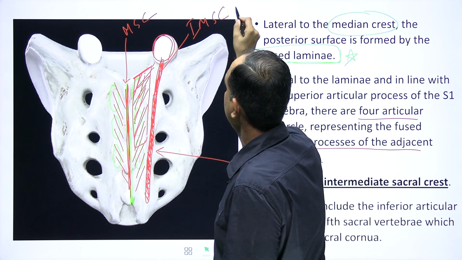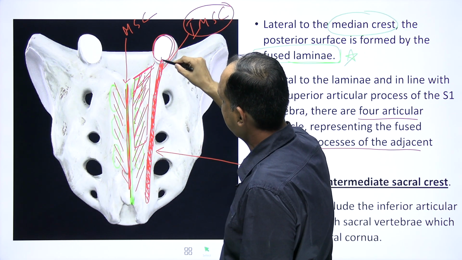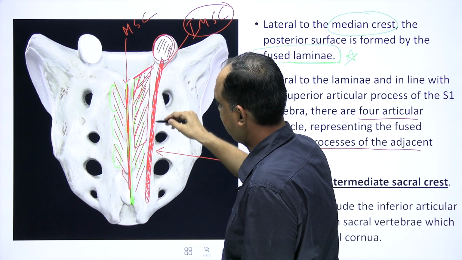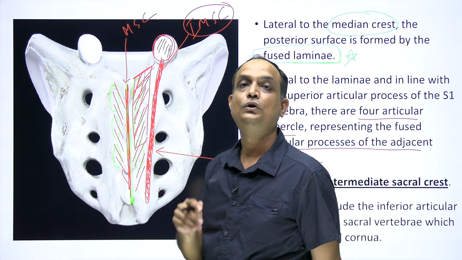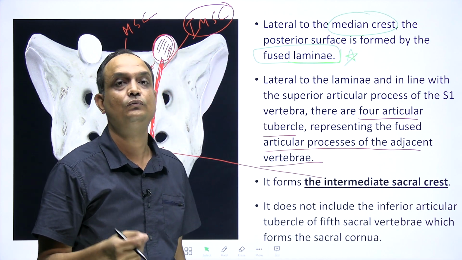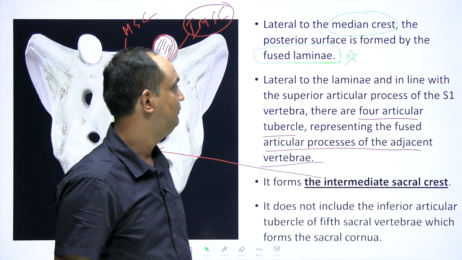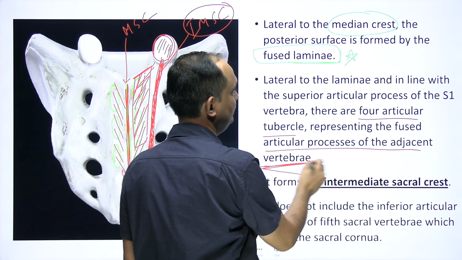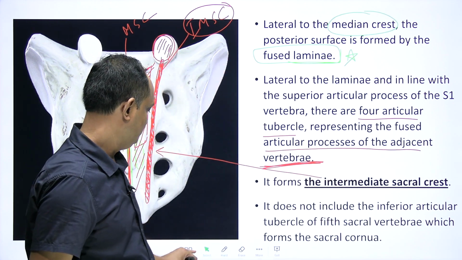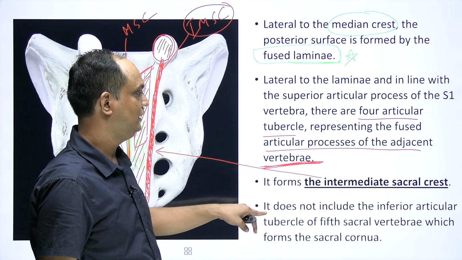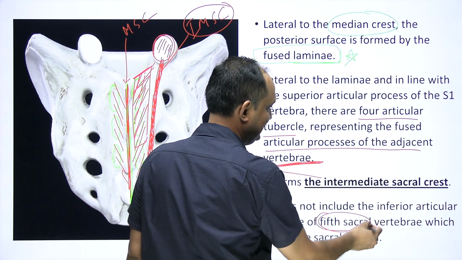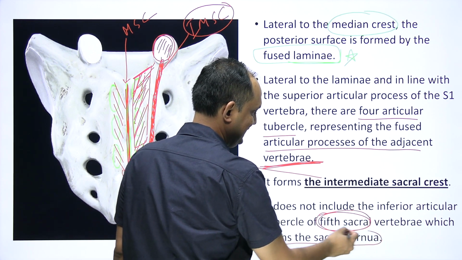And this intermediate sacral crest lies in the line of the superior articular facet and it represents the fused tubercles, or you can say fused articular processes, which represent the articular processes of adjacent vertebrae. Clear? So, this is the important thing. It does not include the inferior articular tubercle of the 5th sacral vertebra, which forms the sacral cornu.